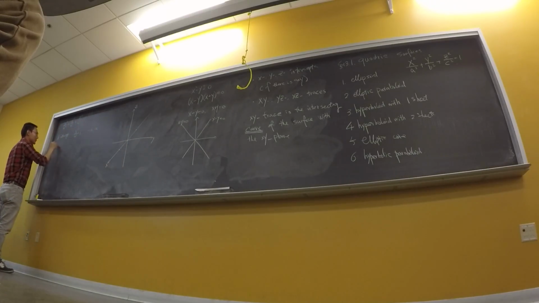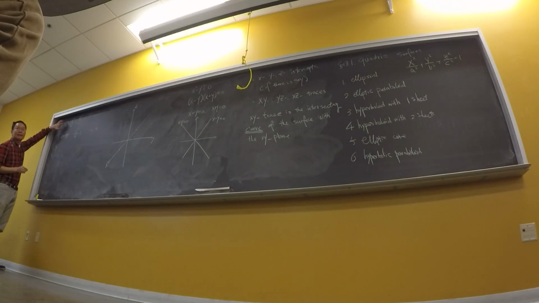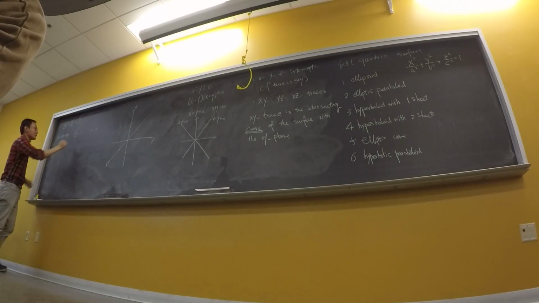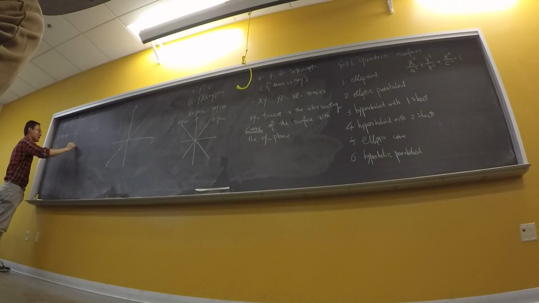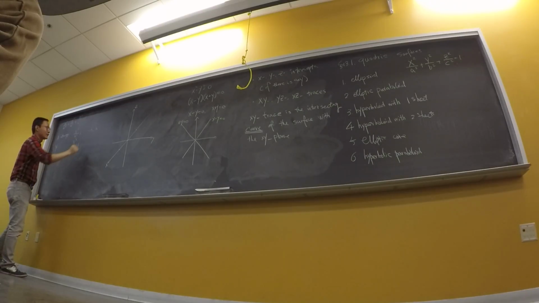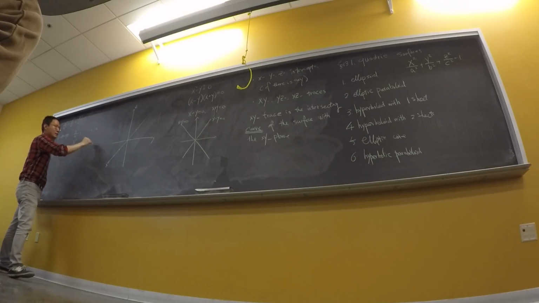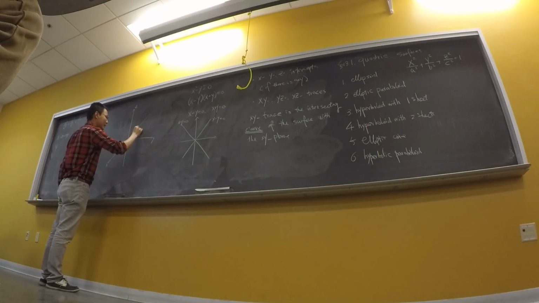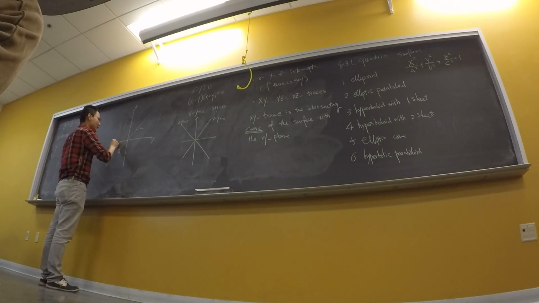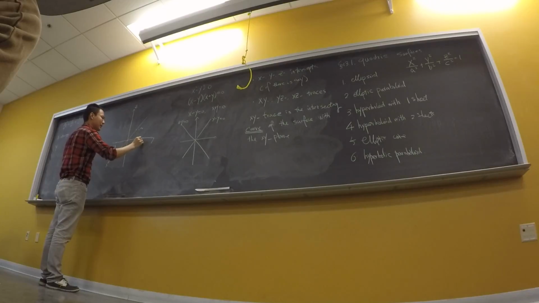So the y intersection, we need to set x and z to be 0. So y squared divided by b squared is equal to 1. So we have minus b and b. So this is a and minus a. So b might be different. So I will do minus b and b.